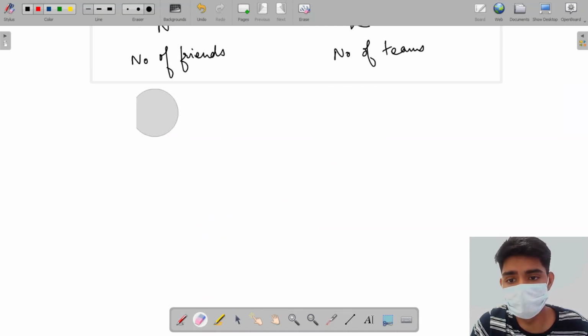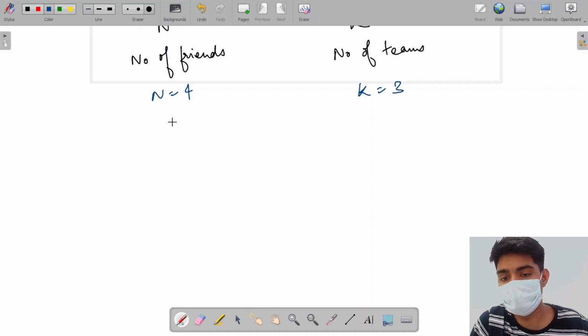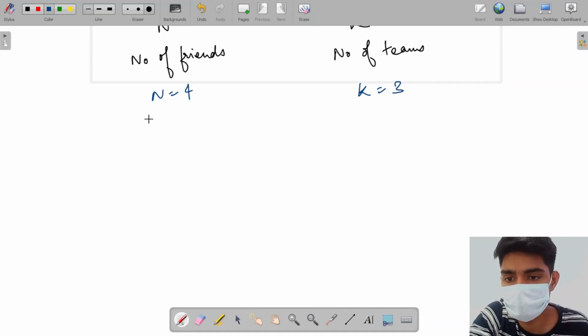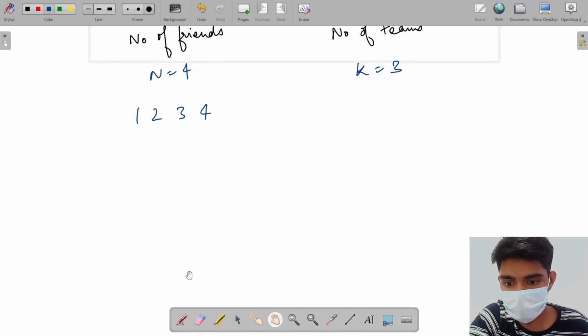Let's take the example of n equals 4 and k equals 3. I have 1, 2, 3, and 4, and I have to divide these 4 friends in 3 teams.